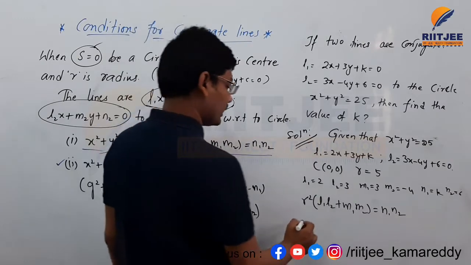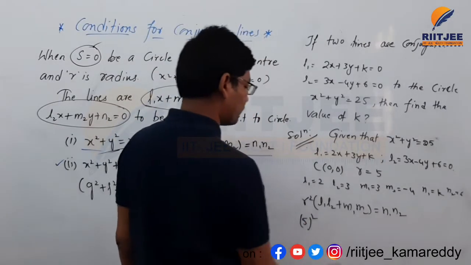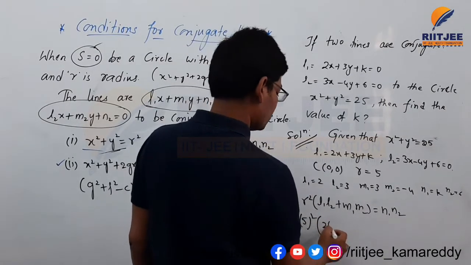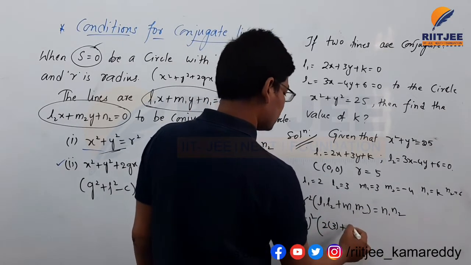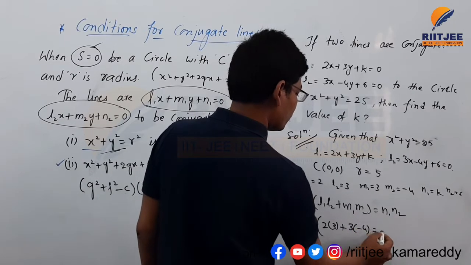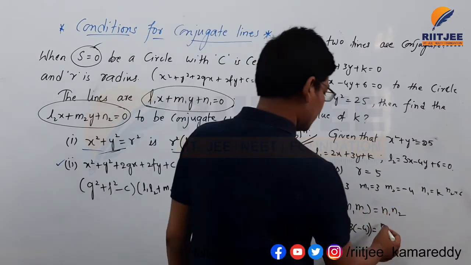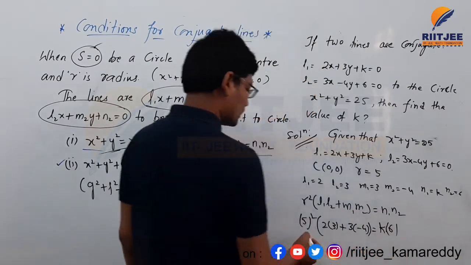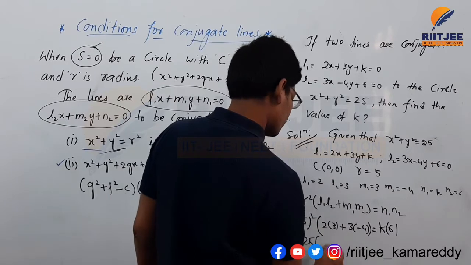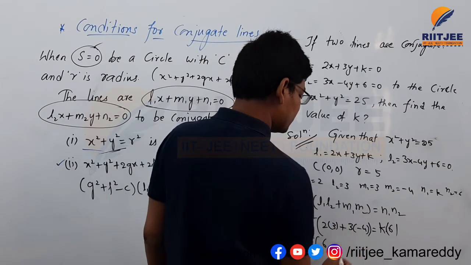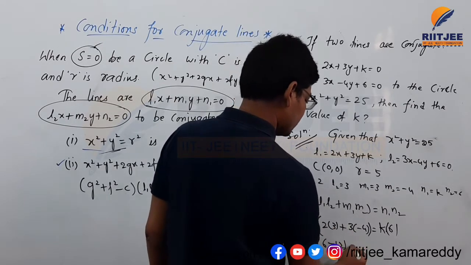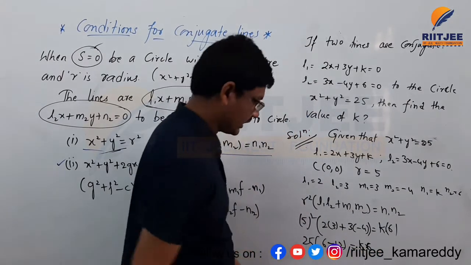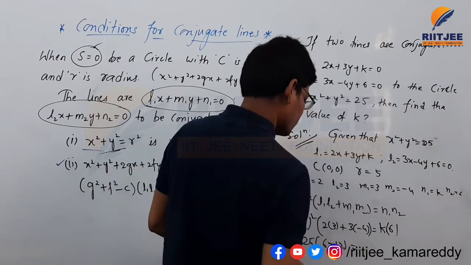Let's substitute the values here. r square is 5 square, that is 25. Next, L1 L2 is 2 into 3, plus M1 M2 is 3 into minus 4, and N1 N2 is k into 6, that is 6k.